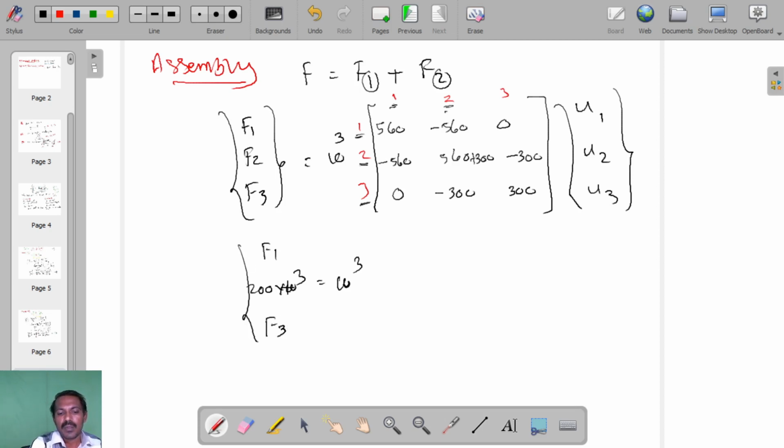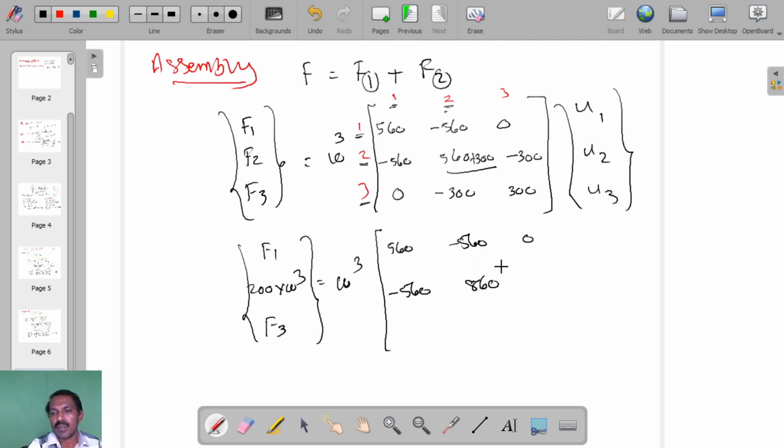Then the matrix is 560, minus 560, 0; minus 560, 560 plus 300, minus 300; 0, minus 300, 300. So u1 is 0, u2 is unknown, and u3 is 0.